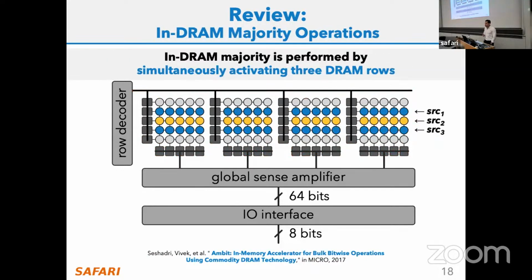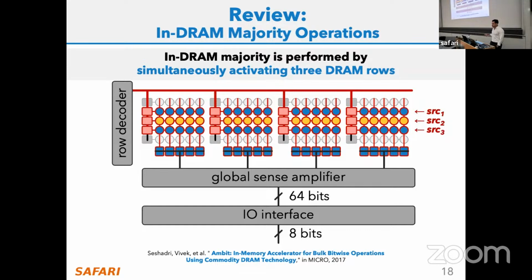So we also saw that we can extend this approach to do something more fancy. We can do in-DRAM majority-of-3 operations by simultaneously activating 3 DRAM rows at the same time. When you activate those 3 DRAM rows at the same time, the 3 DRAM cells involved in the computation simultaneously perturb the local bit line.